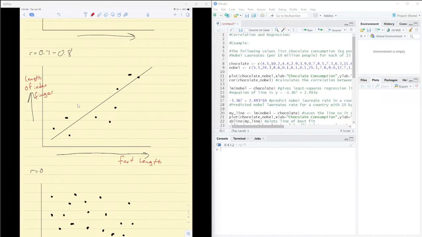My guess is if I measured these with everyone, there would be this relationship where generally the bigger your foot length is, the longer your index finger is.